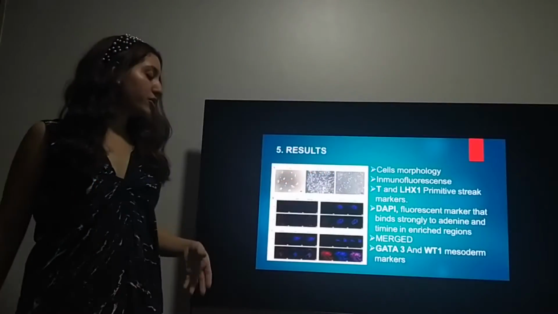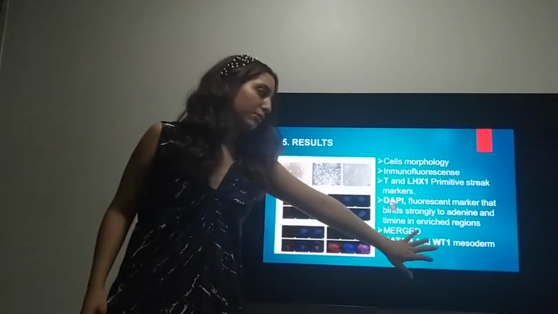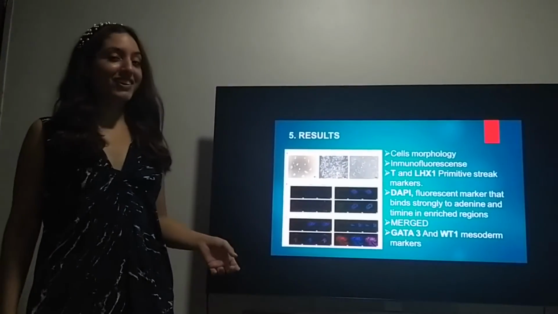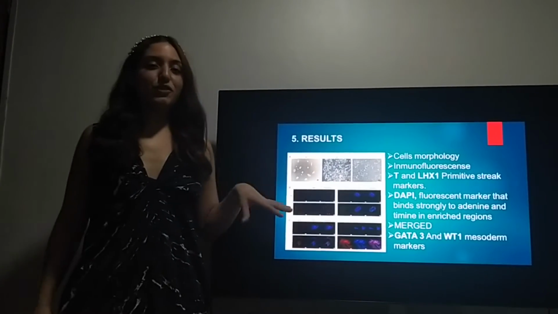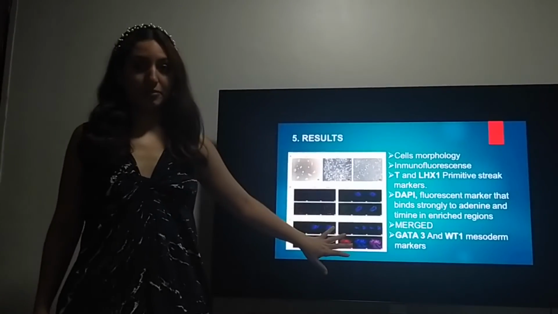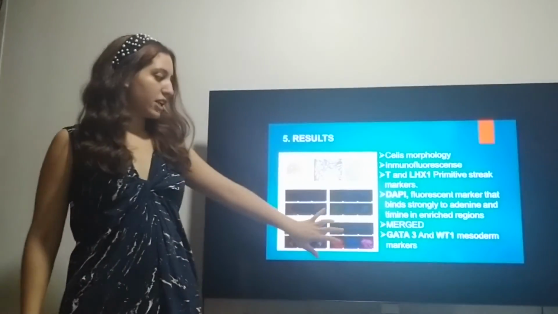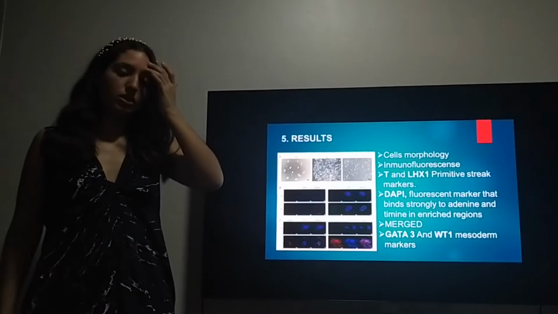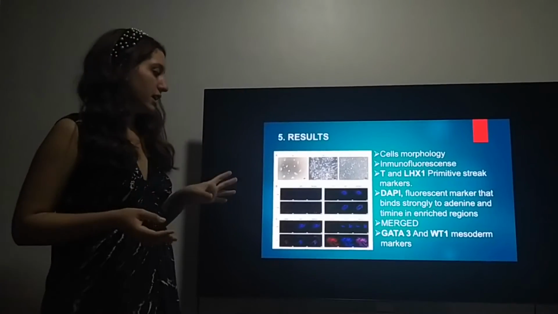The results of fluorescence were for the antigens GATA3 and WT1, which are mesoderm markers. So in day 0, there were antigens for each one of them. And in the DAPI they are positive because it has a strong union for adenine and thymine sequences in the DNA.